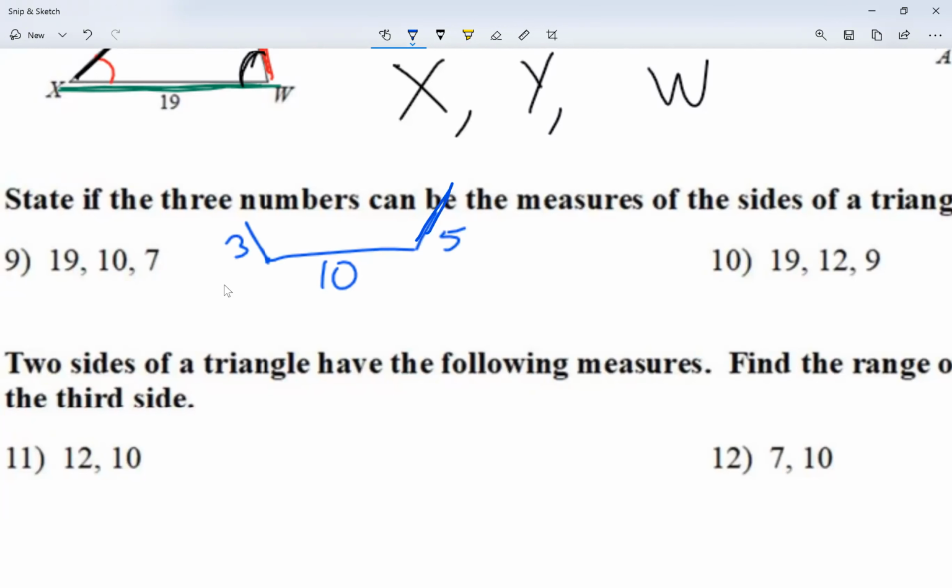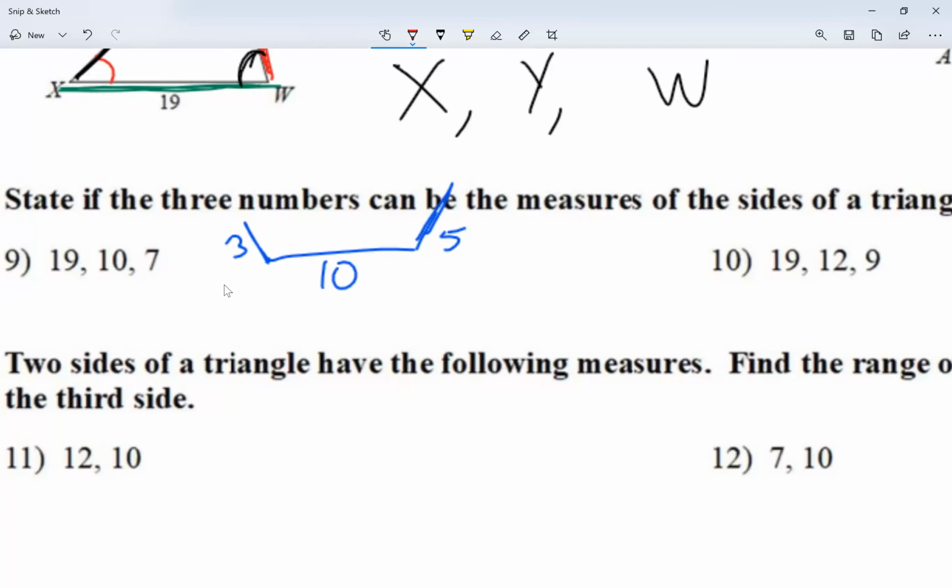Not measured to scale, okay? I'm just saying, what if I add the two small sides and my result is still less than the big side, right? 3 and 5.